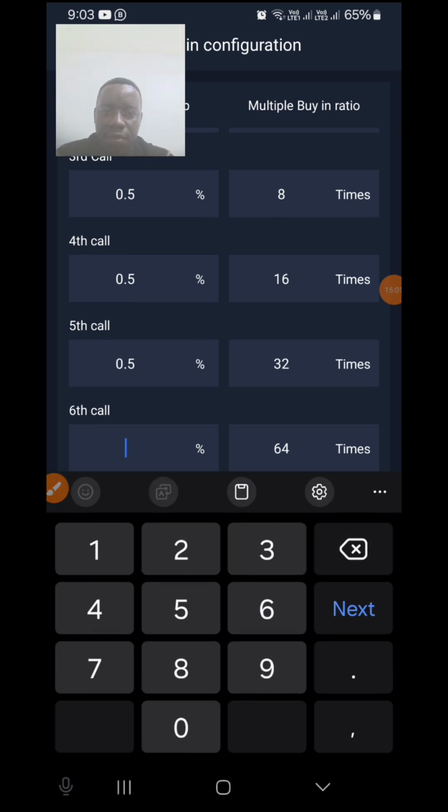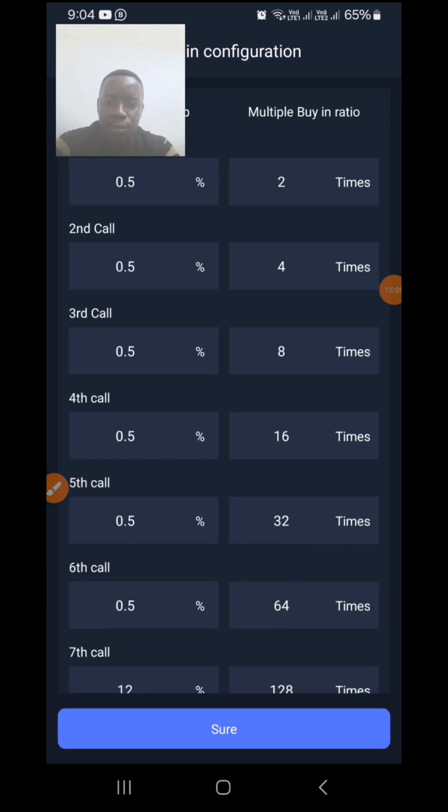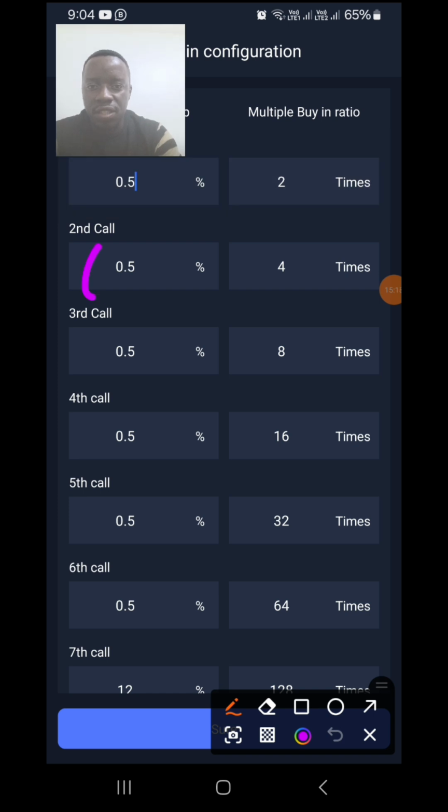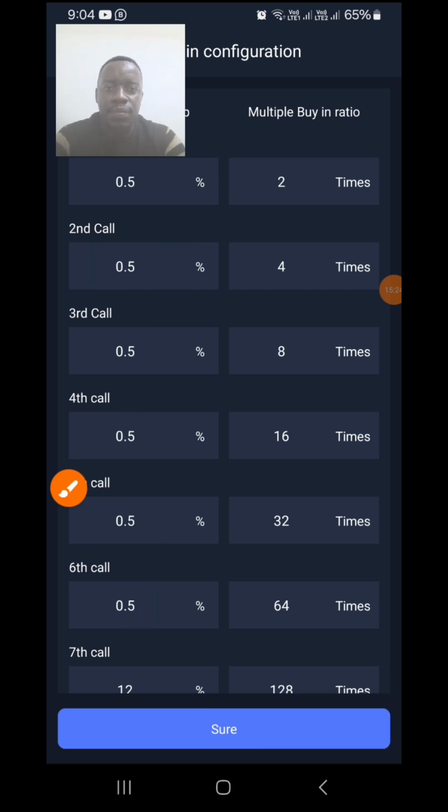Up to the 60th downside. I will not fill all of them to save time. Now listen properly. It's 0.5 all along, up to down. Then we can maintain our 30 drop.